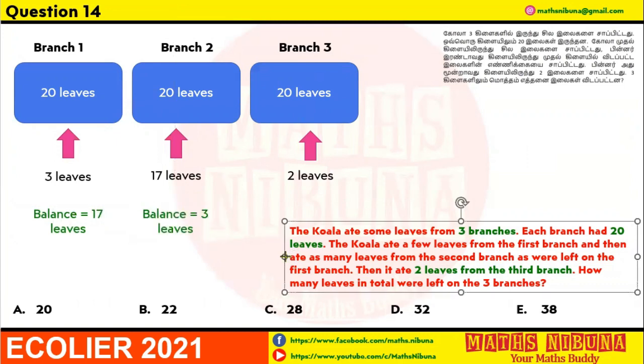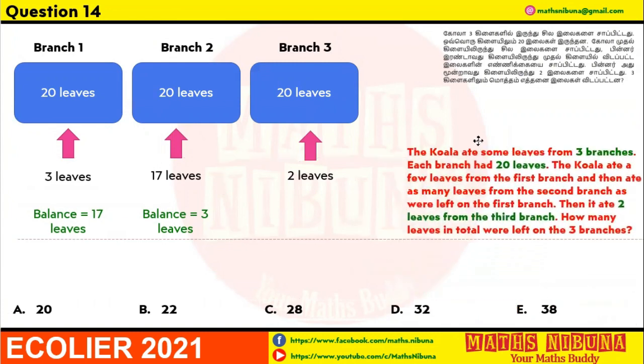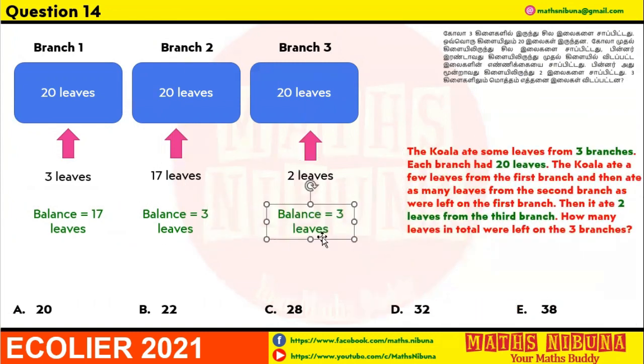From 20, it ate only 2 leaves, then the balance is 18. Now the question: how many leaves in total were left on the 3 branches? So here we got 17, here 3, here 18. 17 plus 3 is 20, 20 plus 18 is 38.